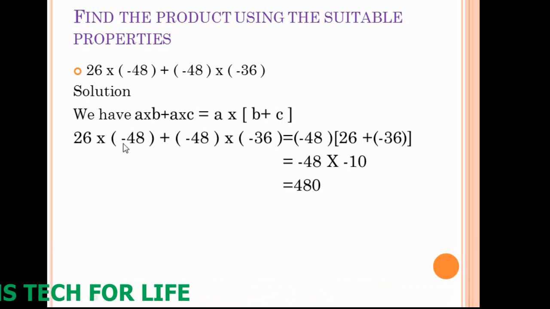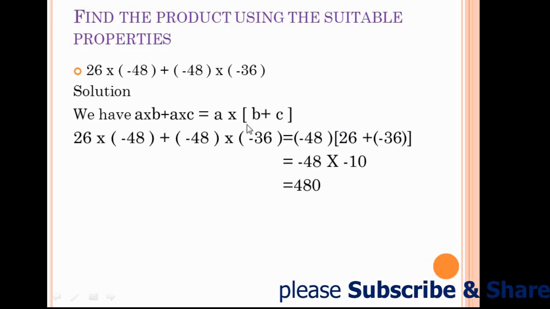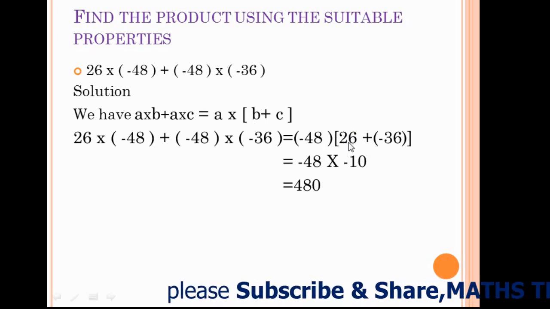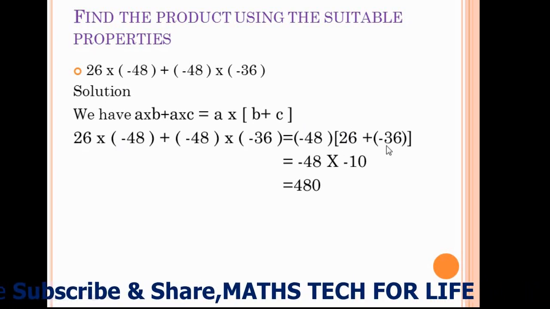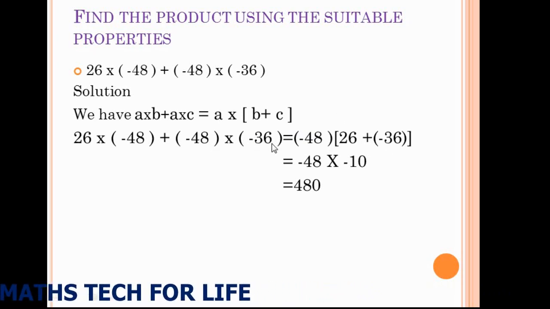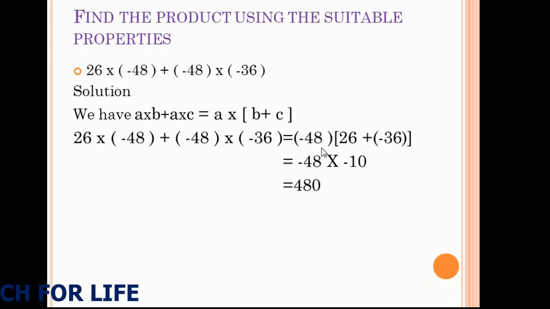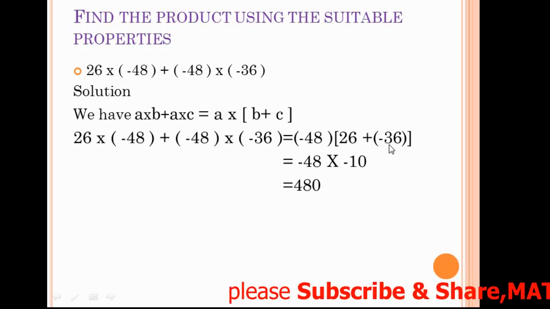So here negative 48 is common, so we have to take out this negative 48. Then in the bracket, instead of b you write the remaining number 26. Then 48 we already took out, so the remaining number is negative 36. I repeat, if you want to do this type of calculation, first preference you give to the numbers inside the bracket.